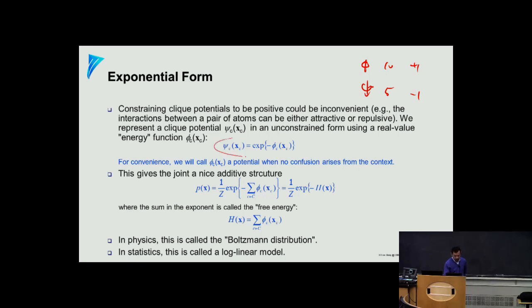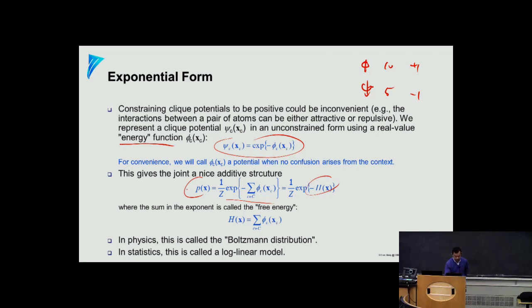We want to introduce an exponentiated form of the potential function. Now it's known as the energy function, okay? And these are called exponentiated potential functions. And then your joint is now simply becoming an exponentiated sum of the original potential functions, okay? And the sum of the whole thing is known as the free energy.